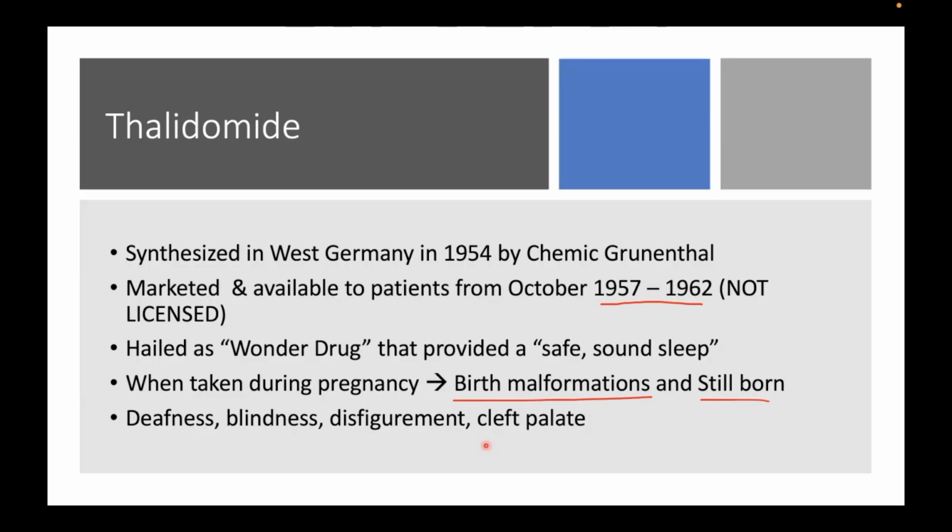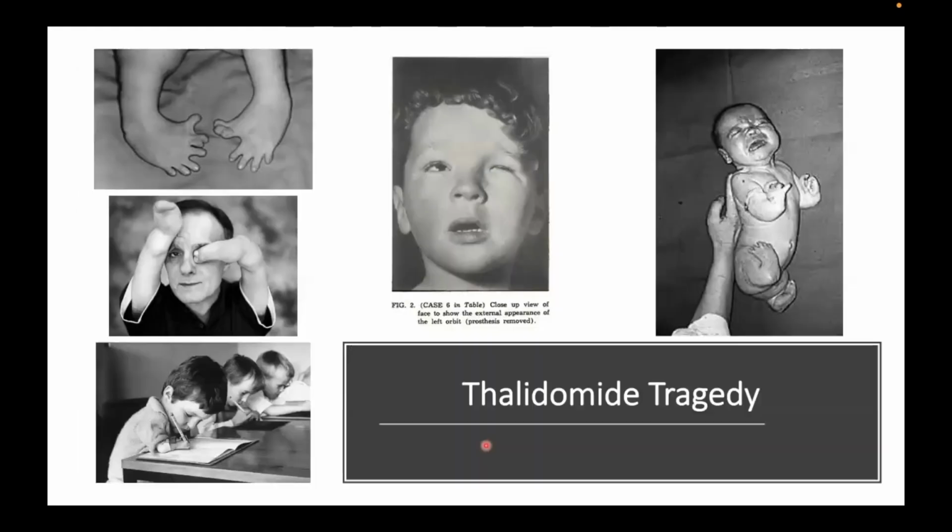Now, the question is this: did the pharmaceuticals inform the public that this drug had toxic effects? The answer is no. And that is why the public continued to take this drug, because the safety and efficacy and toxigenicity of this drug was not made known to the public. So this is the thalidomide tragedy.